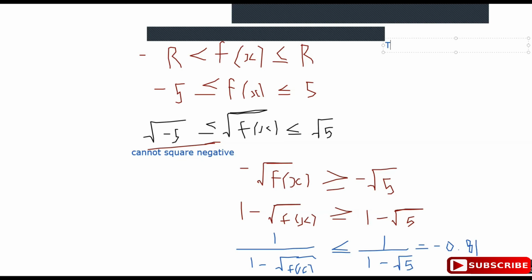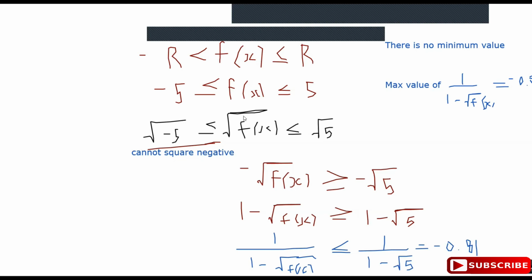We're saying that there is no minimum value, and the maximum value of 1 over 1 minus the square root of f of x is equal to that right there, minus 0.81. That's the maximum value. Easy.